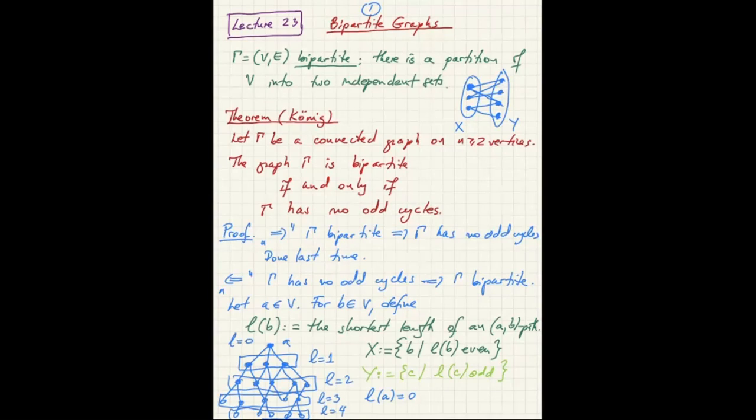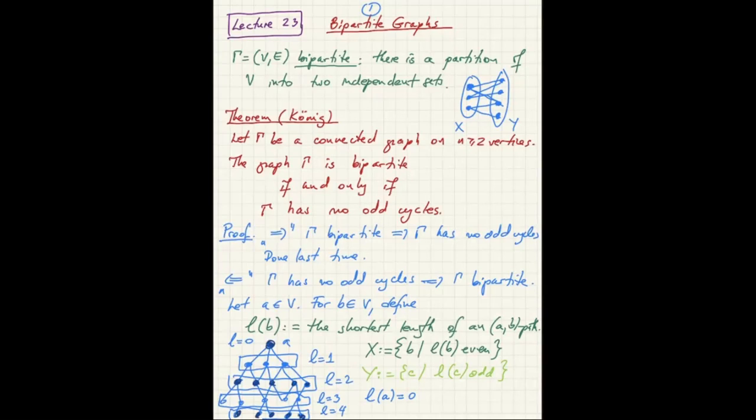Now, what do we want to prove? We want to prove that the graph is bipartite, so we want to find a partition of its vertex set into two independent sets. We define X to consist of all the vertices with L of B being even. So X consists of the vertex A, the vertices which are 2 steps away from A, the vertices which are 4 steps away from A, and so on.